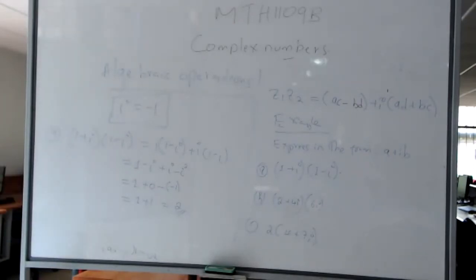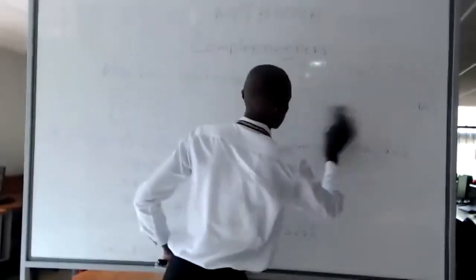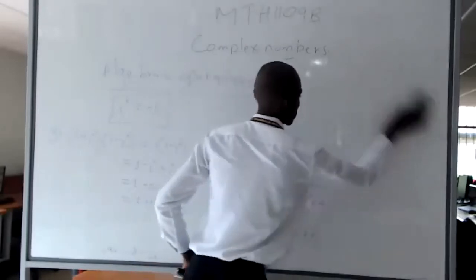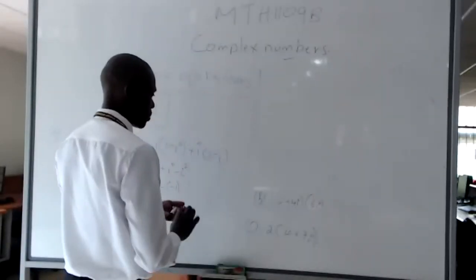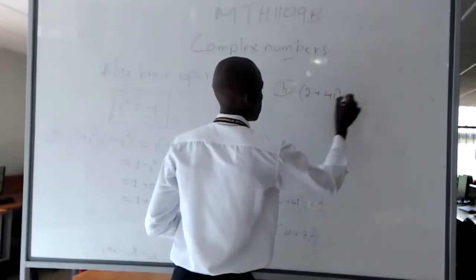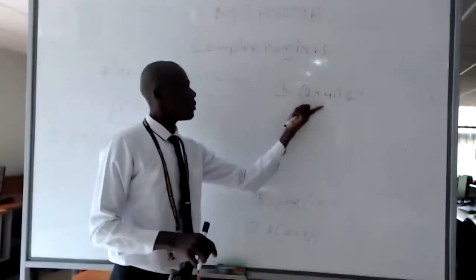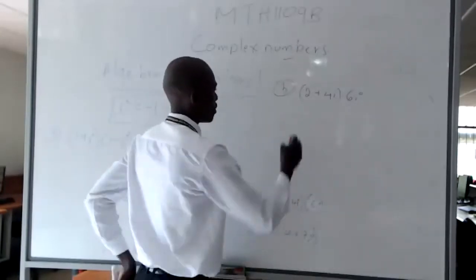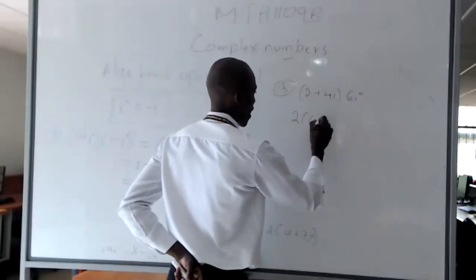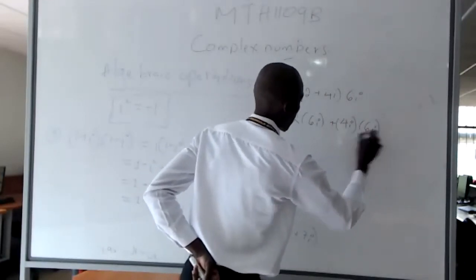Any question on this example? This is a very special example which I'm going to keep. So, second example is (2 plus 4i) multiplied by 6i. What you do is take all elements of the first bracket, multiply by everything that's outside. So I will take 2 multiplied by 6i plus 4i multiplied by 6i.